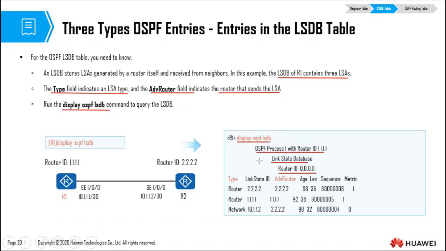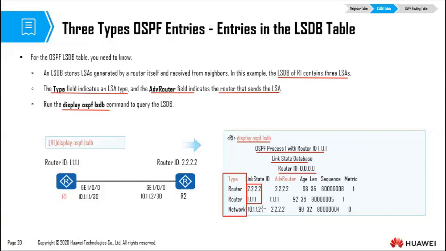Router ID. Okay, let me just skip that. So let's look at the first column. The first column here is the type, the type of LSA. Right now we can see that we have a router LSA and a network LSA. As you might already have guessed, the router LSA is used to describe the router that advertises a particular LSA.